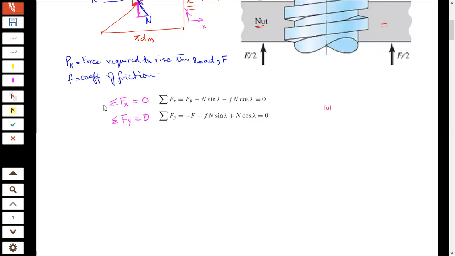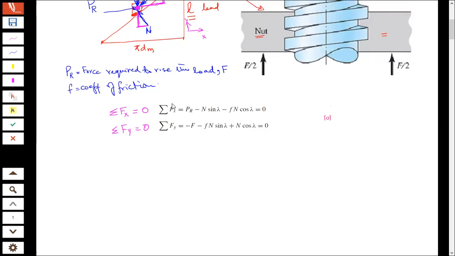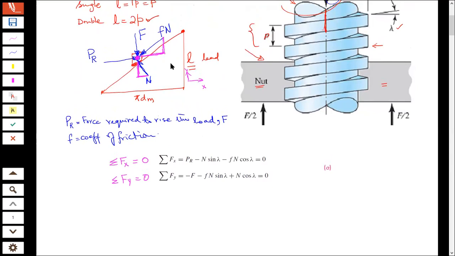So these will be my equations now, because if I look at the x direction, I'll have the forces that are acting in x direction, that is PR, this one, right? And then I have this component of my frictional force, which is Fn cos of lambda, because this angle is the lead angle, so that is my lambda, and this is also going to be lambda over here.